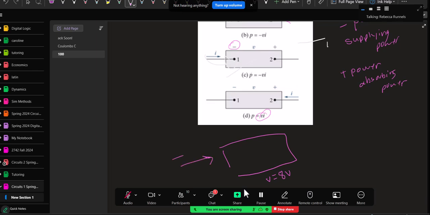I is given as negative 4. And this is the minus side and the plus side.